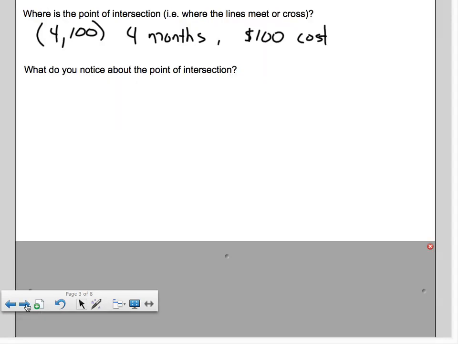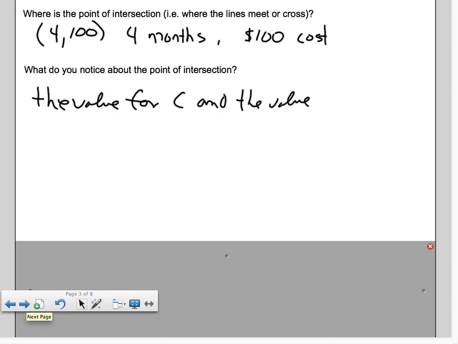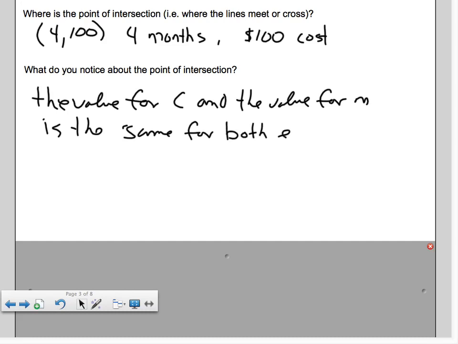At that point of intersection, the value on X and Y, say, or C and M, the value for M is the same for both equations.